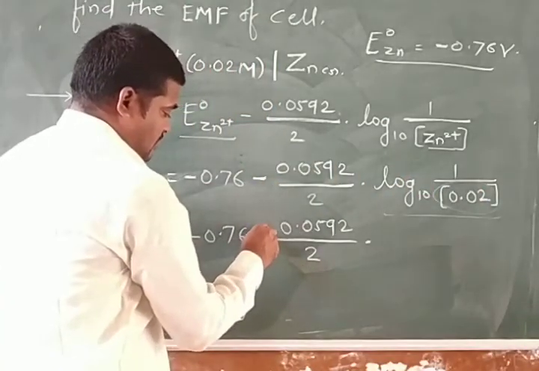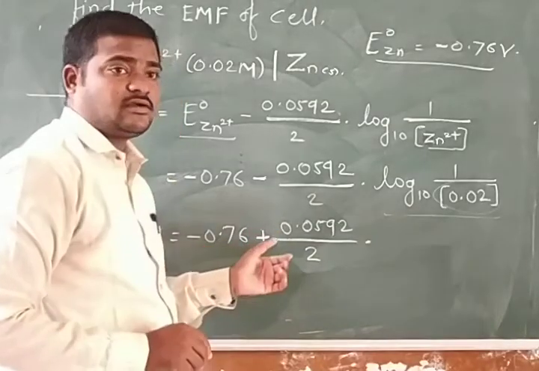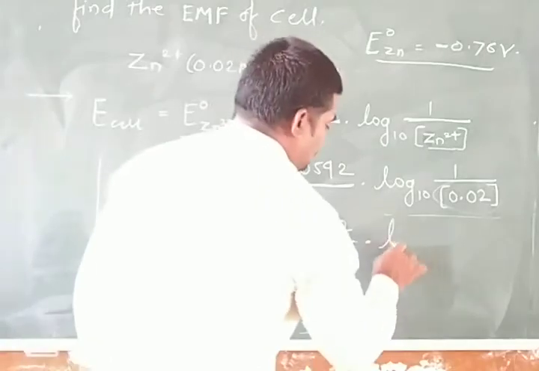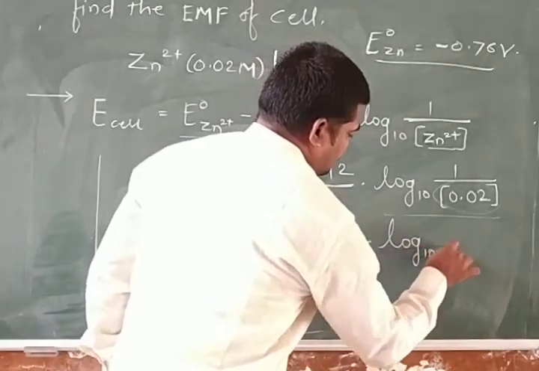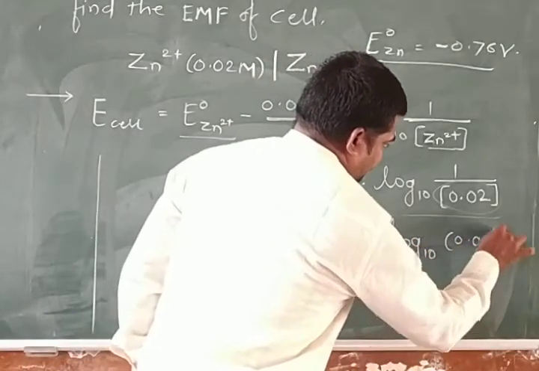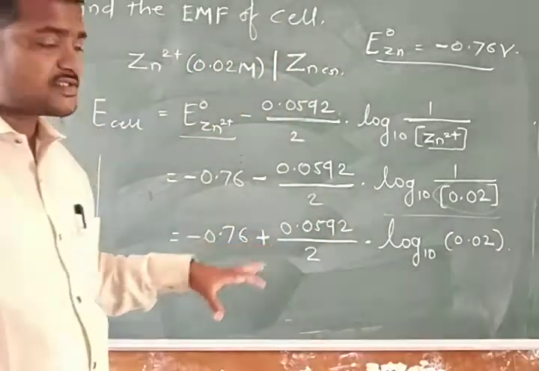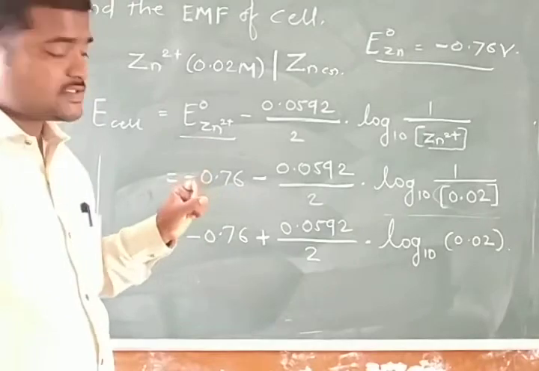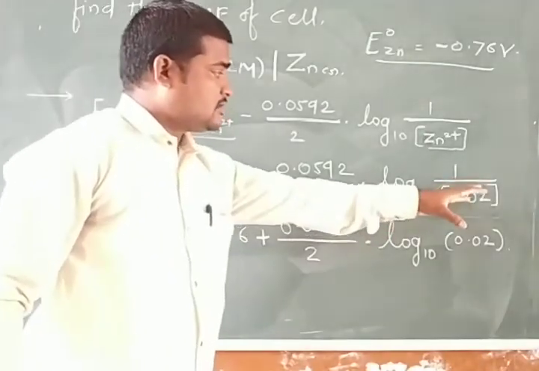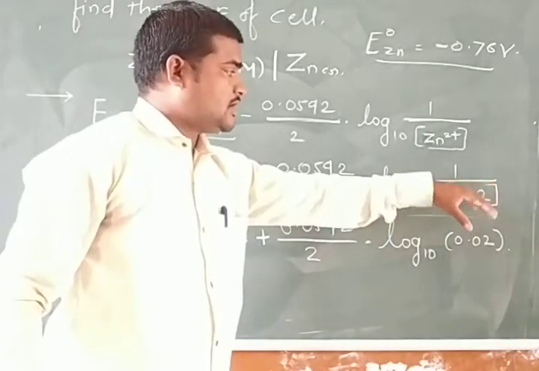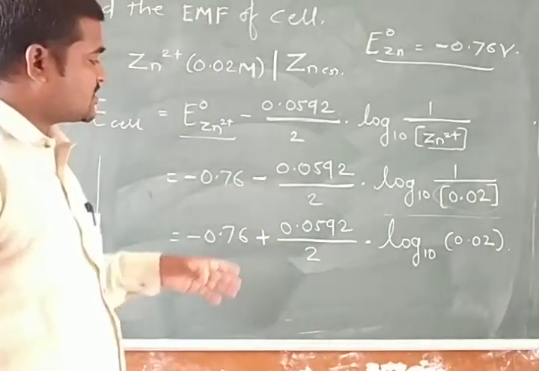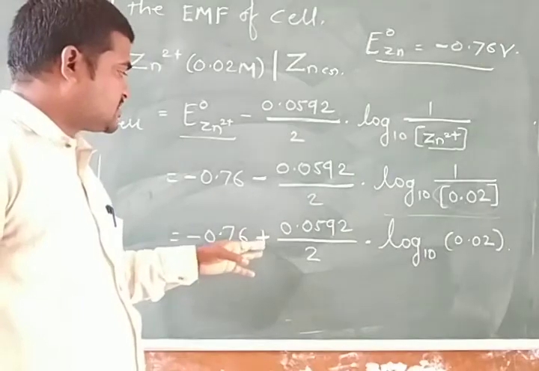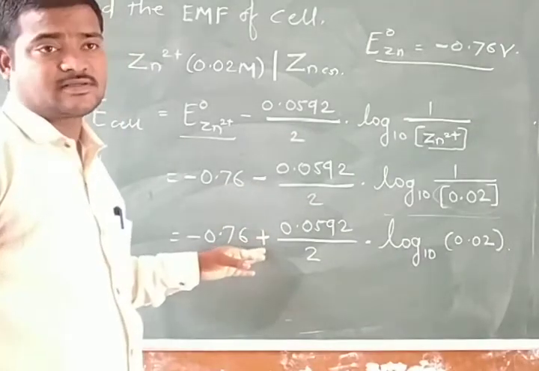So I will write here plus, and one conversion I will do here: log to the base 10 of 0.02. This is a very important step that you have to remember while solving such problems. What I did here: the term that I have taken to the numerator side, the sign of the whole value gets changed from minus to plus.